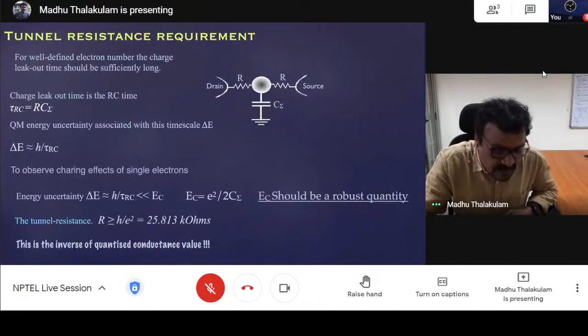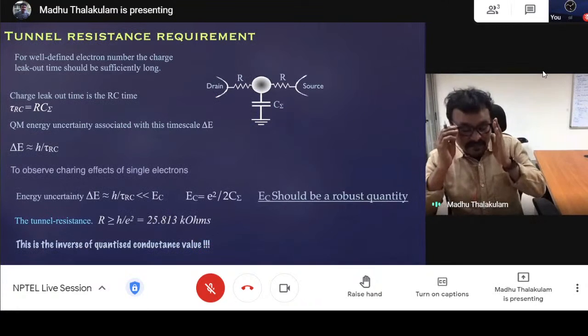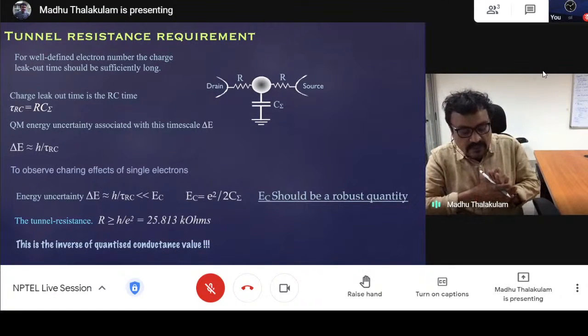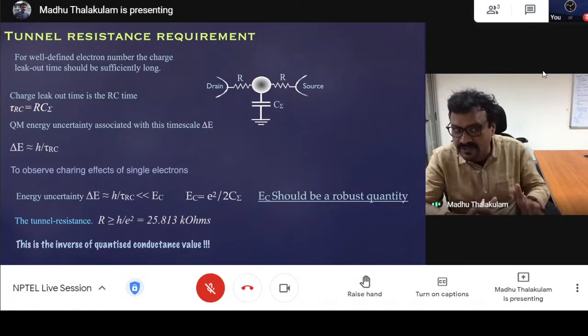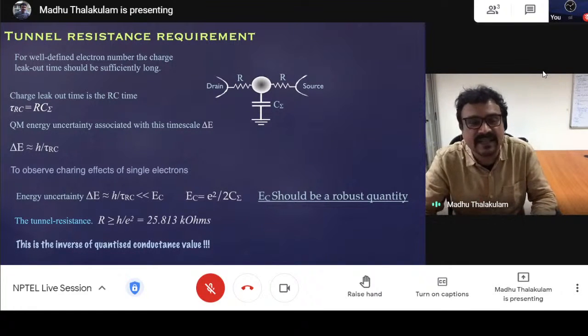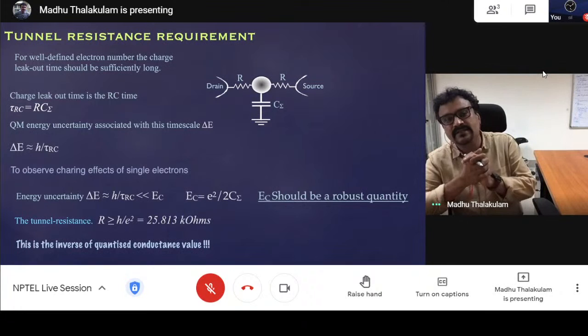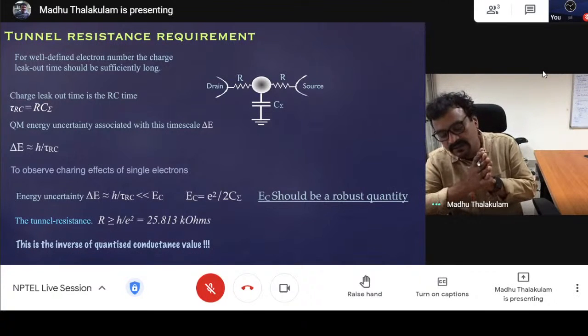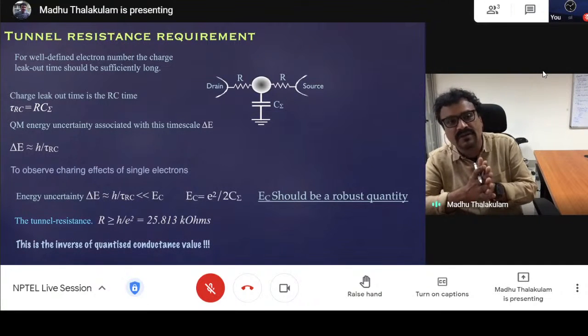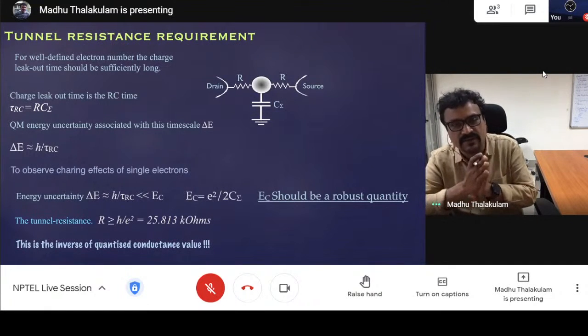Now, I should not say strictly that quantum mechanical effects do not come into the picture, but there's a small catch here. What we are looking at is a quantum dot with a well-defined electron number. Electrons are confined inside the quantum dot.